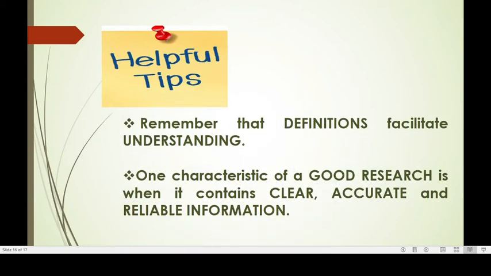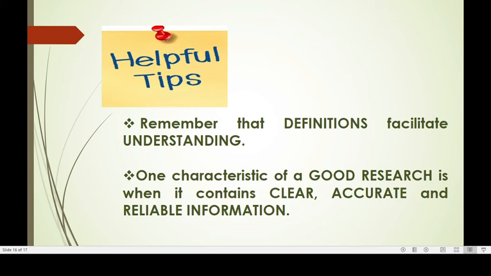Helpful tips for everyone. Remember that definitions facilitate understanding. It is the duty of any writer to define significant terms accurately to avoid confusion or misconception on the part of our readers.